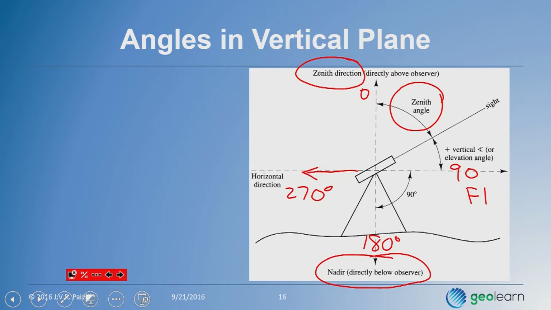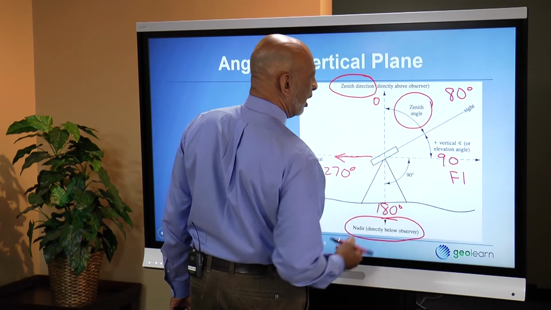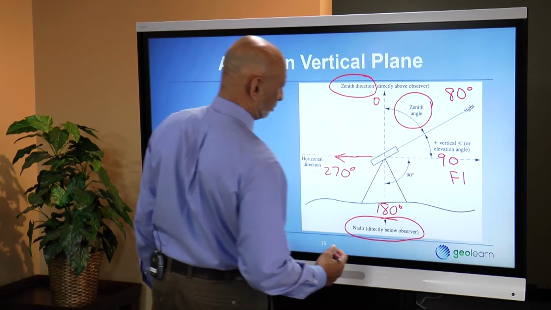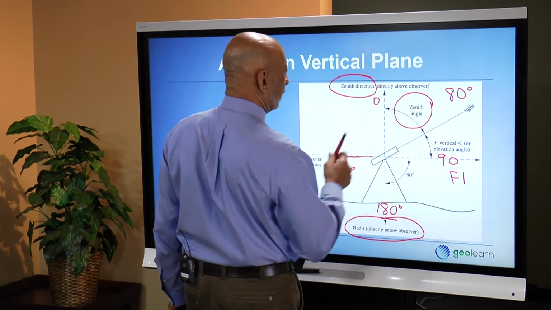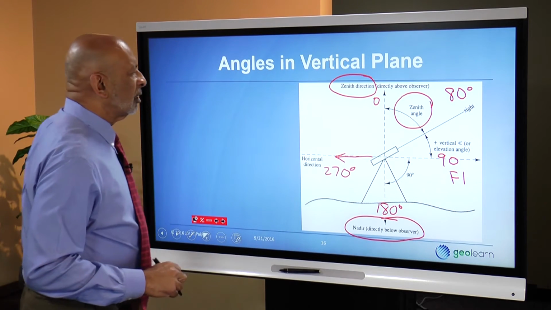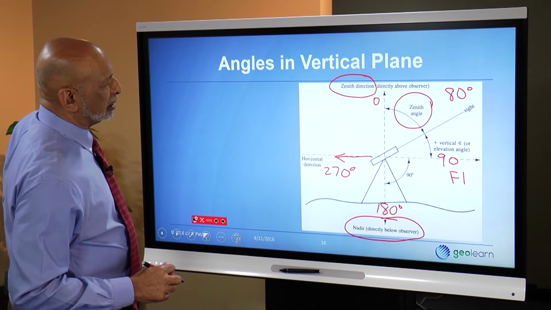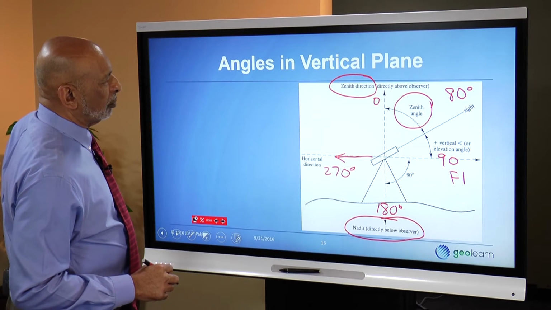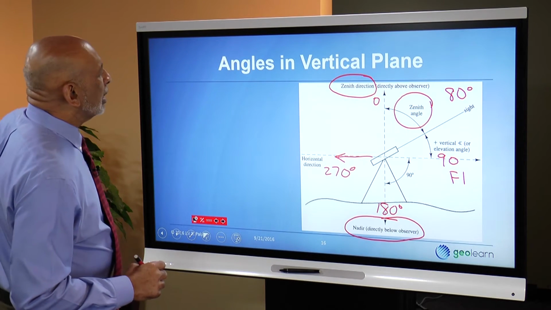So one more thing I would like to add here is that if you are sighting a point and you measure the zenith angle, and let's say that zenith angle happens to be 80 degrees, meaning that you are 10 degrees above the horizontal. Not exactly what this picture is showing, you're a lot closer to the horizontal for your line of sight, which it turns out in most cases is the more reasonable thing.